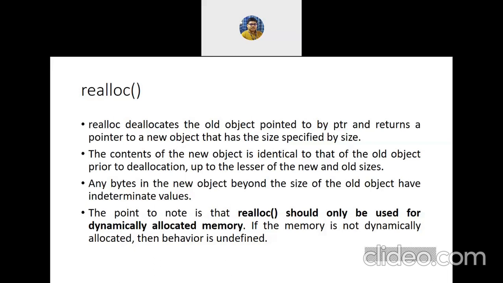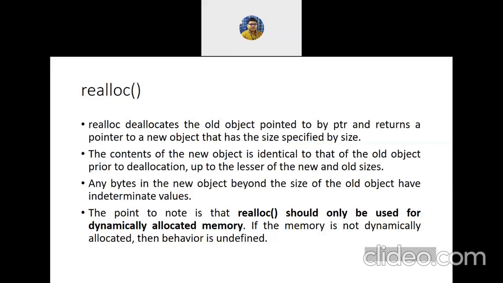So that's why it is written: realloc deallocates the old object. It deallocates the previous memory location, which is pointed to by ptr, the one you have passed as the first parameter of the realloc function. And what does it return? It returns a pointer.